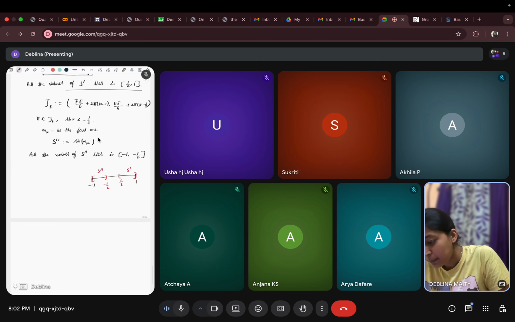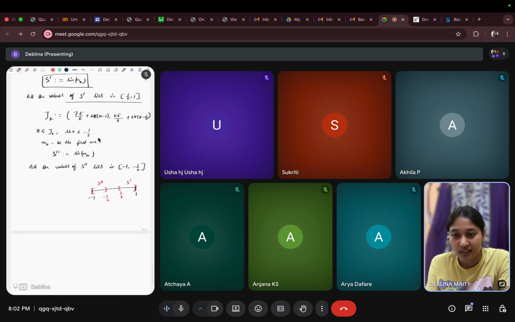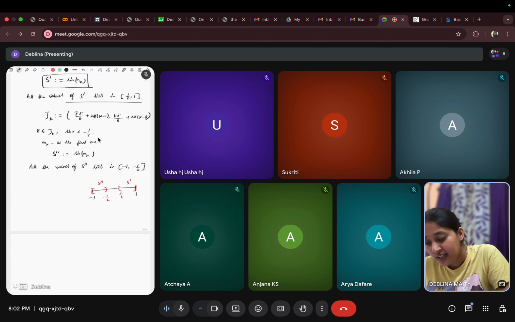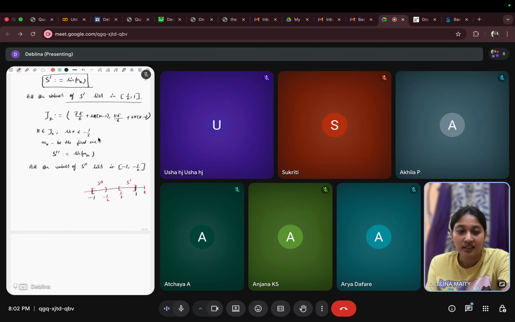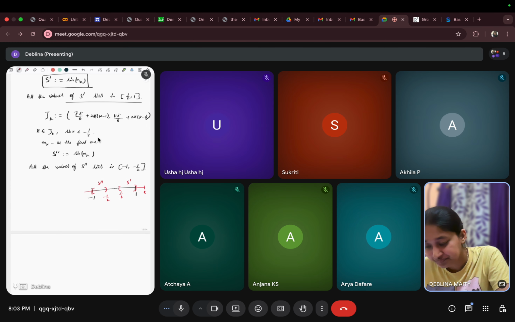Now we have to prove this is divergent, so we take any value C. If we take any C outside the interval minus 1 to 1, sin n is not going to converge there because there are no sin n values there. So if it is convergent, it must converge within minus 1 to 1.